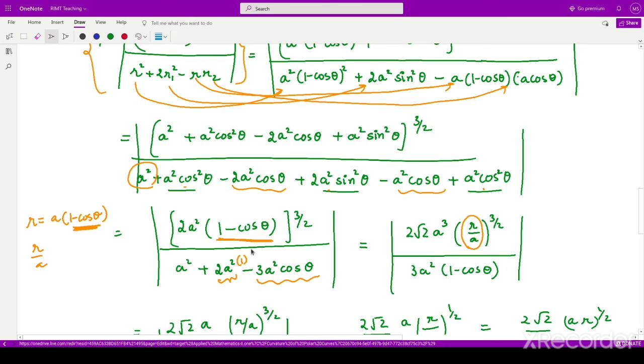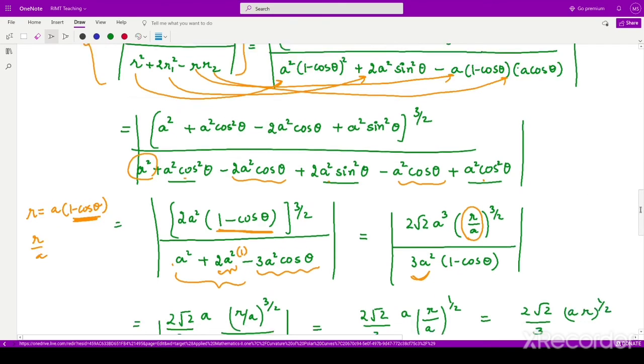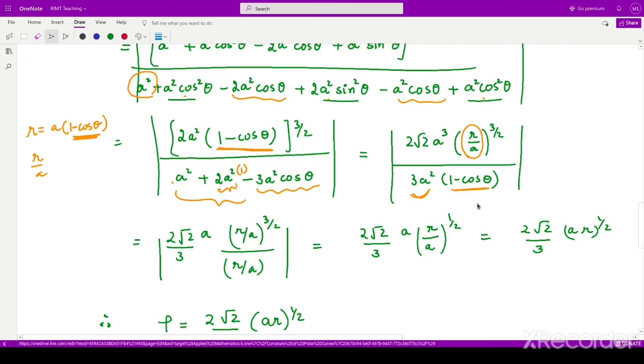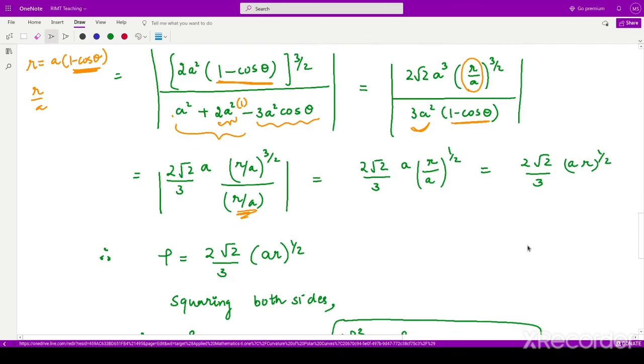And then these both terms combine, it becomes 3a square and then 1 minus cos theta. Again we can write the value of 1 minus cos theta as r by a. You could simplify a bit, and after simplification you would have this term. So what you can do, you can square both sides, because we were looking for this rho square by r term.